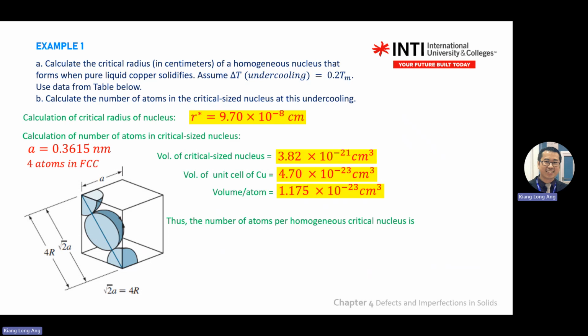You find the volume of the stable radius, or stable nucleus. This one, you have the V for this one. V for one copper nucleus is 3.8 10 power negative 21 cm cube. That is from R star.